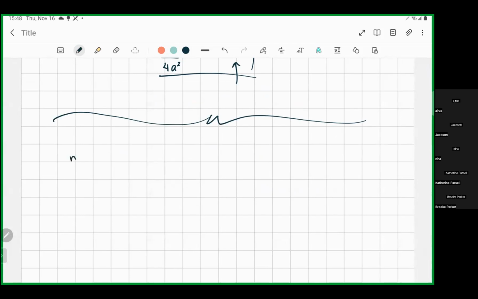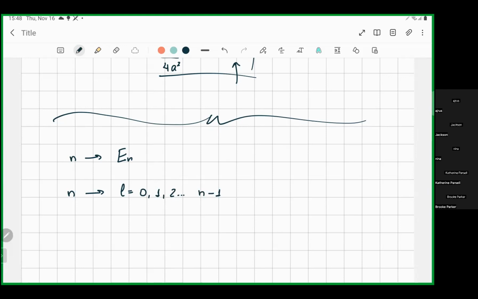So n is that principal quantum number that tells us what is the energy of the system. But for each n, we can have many L's and we can have many M's. What did we find last class? We said that for a given n, L can be 0, 1, 2, all the way to n minus 1.